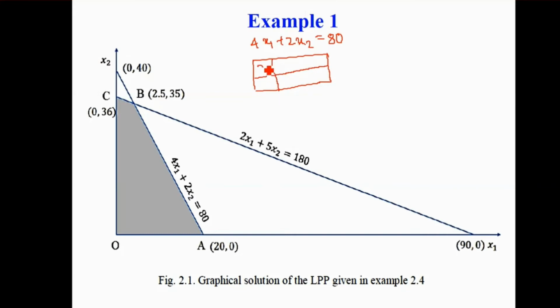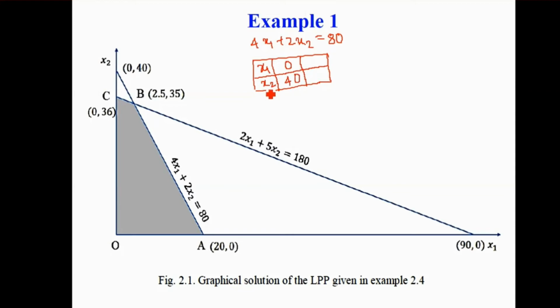If we have x1 and x2, then with 2 points we can draw a straight line for 4x1 plus 2x2 equal to 80. Now if I put x1 as 0, what will be x2? 2x2 is 80, so x2 will be 40. So this is one point we get: 0, 40.